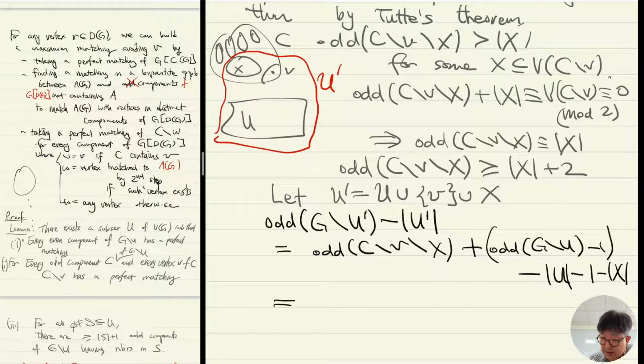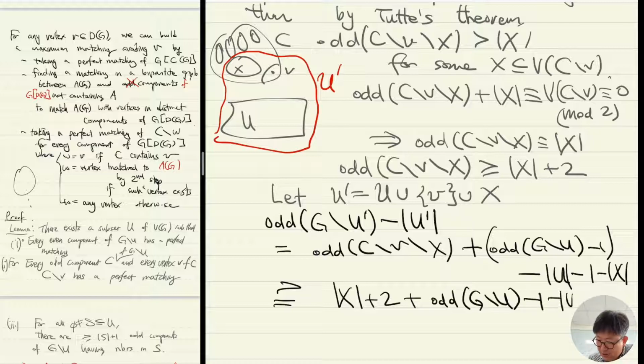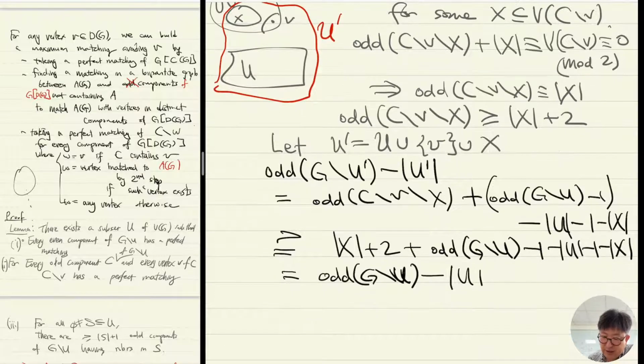And what does that mean? I know that this is at least X plus 2, and the number of odd components of G delete U, plus 1, minus U, minus 1, minus X. So that is the number of odd components of G delete U, and these two cancel each other, and these two cancel each other, so that's equal to this, right?